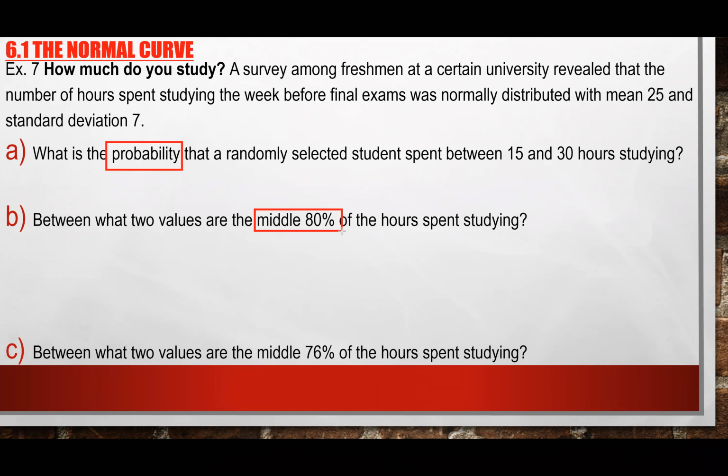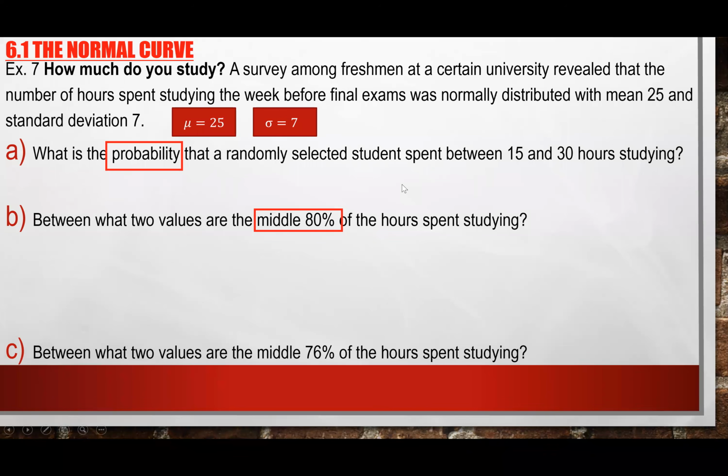So look at A, and I hope that you practice this with all of problems 6.1, 6.2, 6.3: sketch your normal curve, right? They give us the mean, they give us the standard deviation, and they ask what is the probability that a randomly selected student is between 15 and 30.